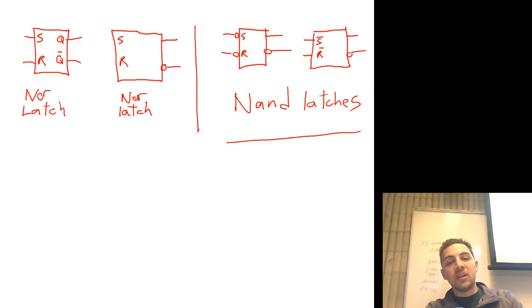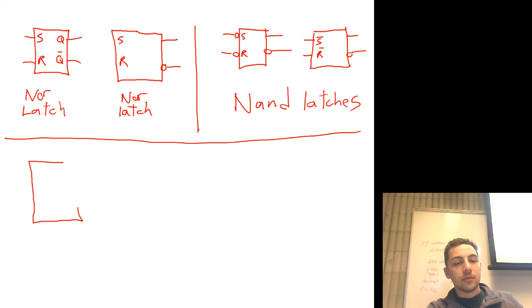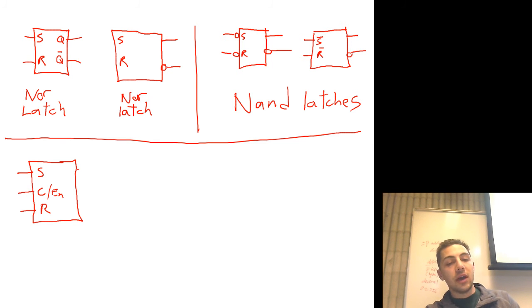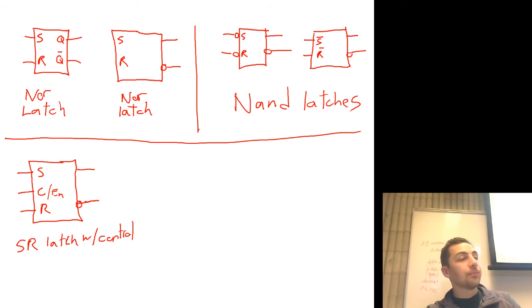From there, we did talk about another kind of latch, latches that have control. This control might also be called enable. You would choose one or the other. Because S and R are active high inputs, we don't use bubbles except for the Q bar output. This is an SR latch with control.